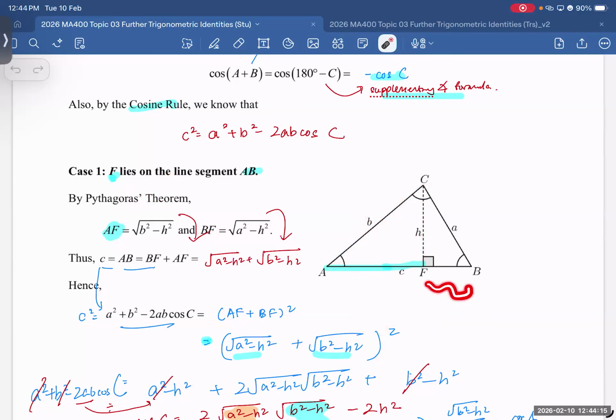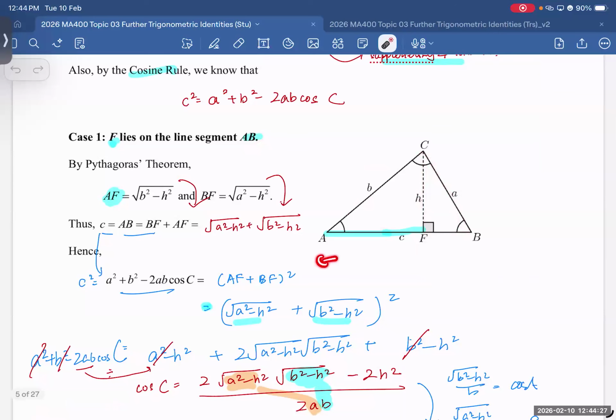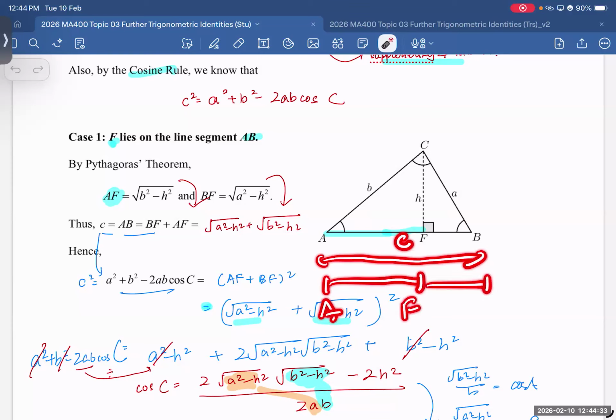Now BF, by looking at this triangle, this is a, this is h, this is the square root of a square minus h square. Now, if I look at the whole entire c, you can see this is my c. c is the same as BF plus AF, adding the two Pythagoras formula.